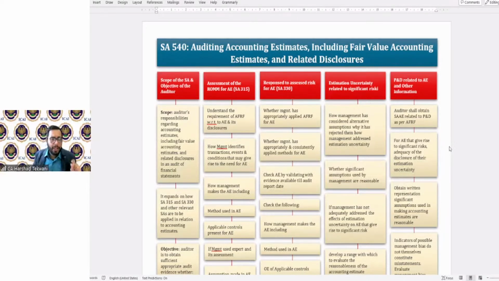It tells the auditor how to apply SA 315 and SA 330 in relation to the accounting estimates.